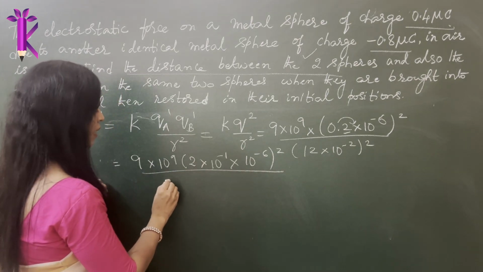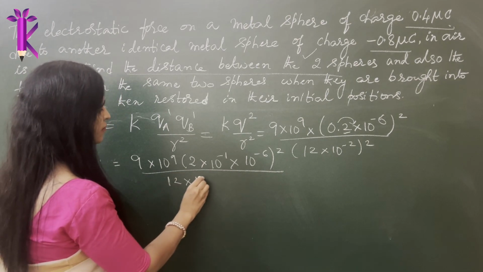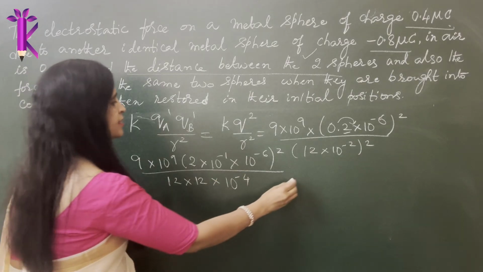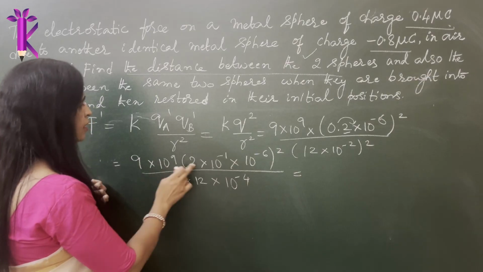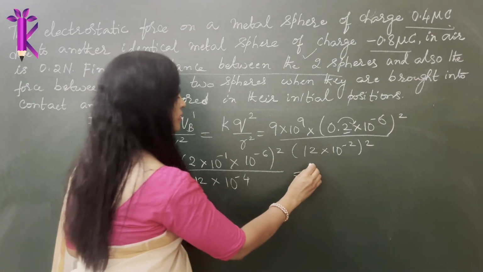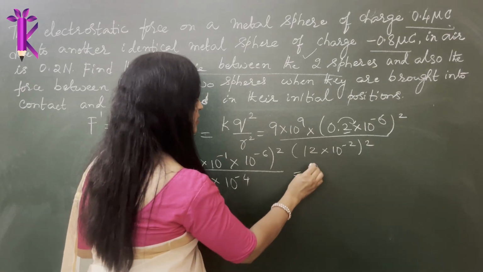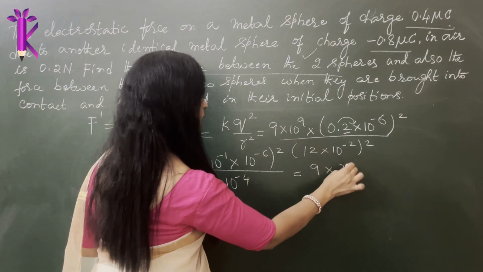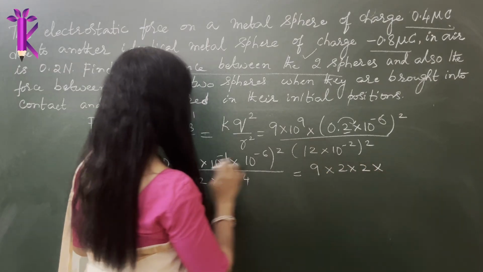Now 12 square, let's write it as 12 into 12 into 10 to the power of minus 2 whole square, which is 10 power minus 4. Now it's time for separating the powers. It is 2 square. So 9 times 4 is 36, or you can just write it as 9 into 2 into 2, because you have 2 square.